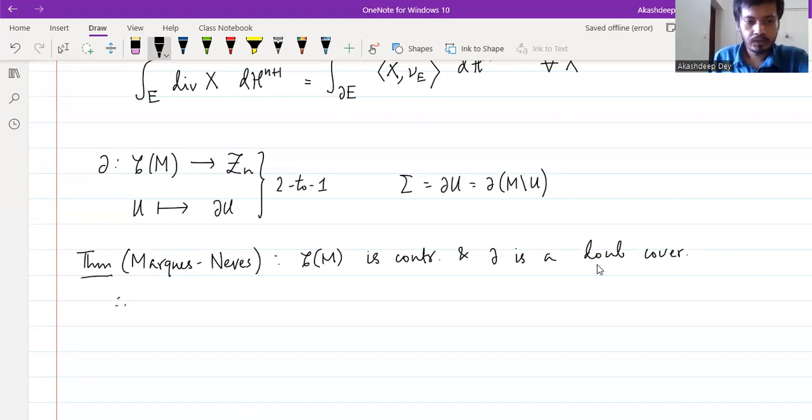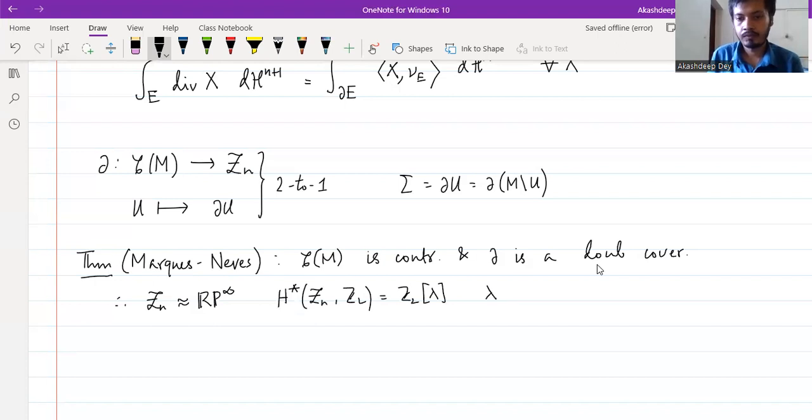Therefore, the space Zn is homotopy equivalent to RP infinity, and the cohomology ring of Zn with Z mod 2 coefficients is the polynomial ring Z mod 2 [lambda], where lambda is in H1(Zn, Z mod 2).